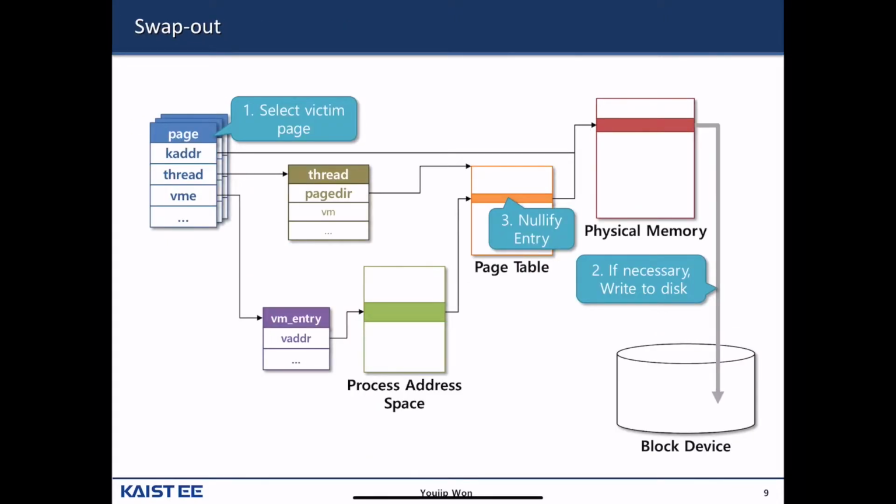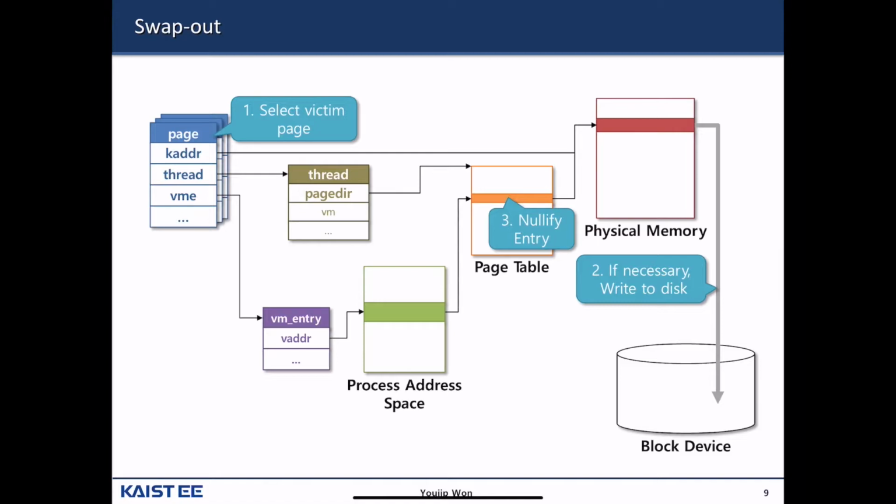Let me explain the process of swapping out a physical page. First, we have to select the victim page from the list of physical page frames, which is a list of struct pages. Second, after selecting a victim, we have to check whether the page is dirty or not. If the page is dirty, then we have to write it to the disk. When writing to the disk, the operating system has to select the location on the disk where the given page has to go.